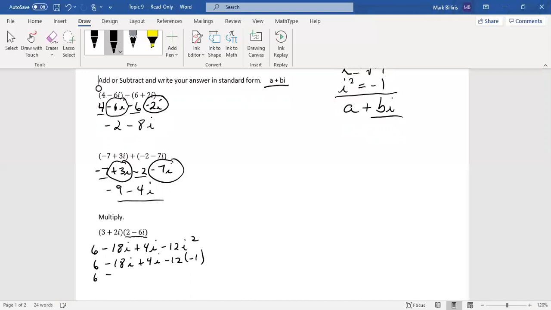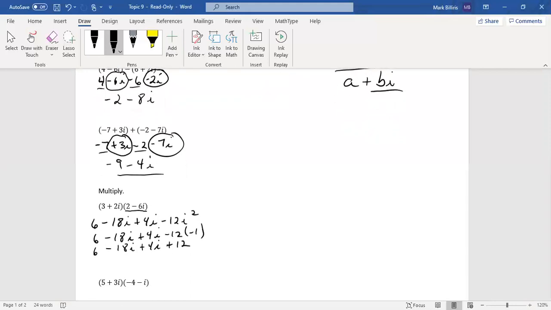That's 6 minus 18i plus 4i plus 12, because -12 times -1 is +12. And last, we combine like terms. So 6 plus 12 is 18, and -18i plus 4i is -14i. And again, I have it in its standard form.